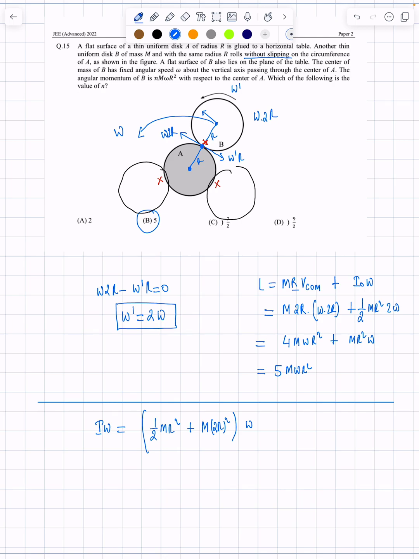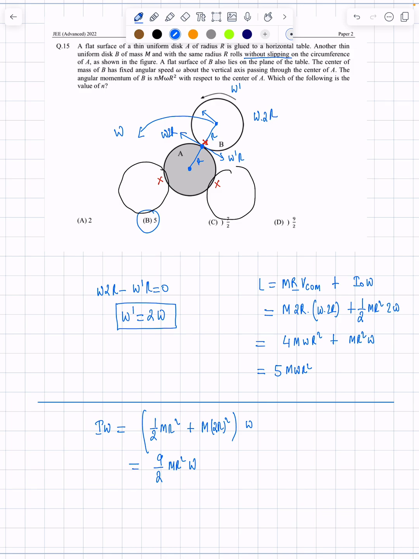So this is 4r square, and this is half, so it's 4.5. So it will be 9/2 mr square omega. So D would have been the right answer in this case.